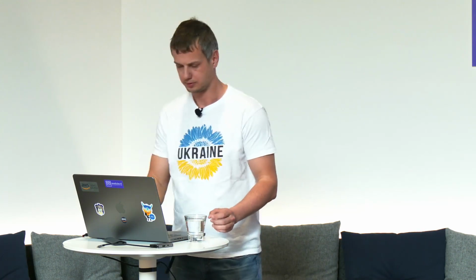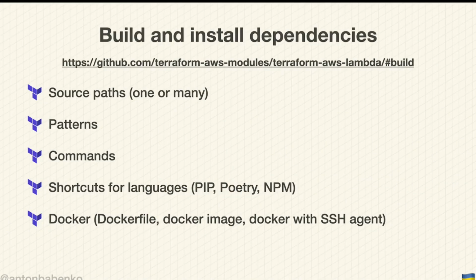I don't know if you need to merge all of this in one, but you can if you want. In most cases, you will be happy with using shortcuts for technologies which we added, like pip and poetry, and npm has native support. For all other things, you will have to write your own commands, like if you want to use .NET, good luck, but it's supported.